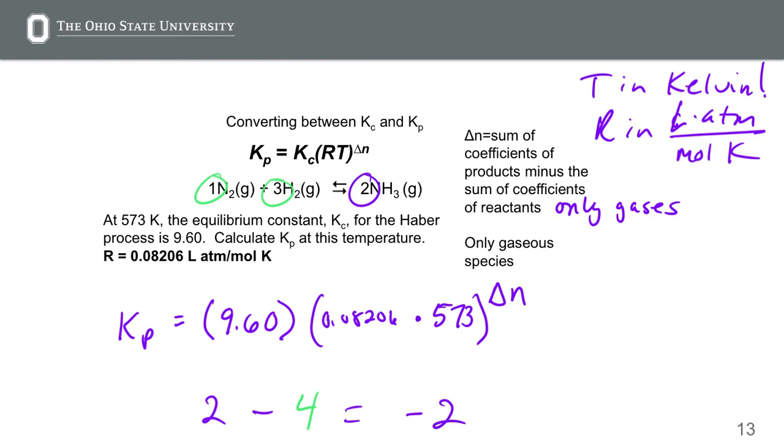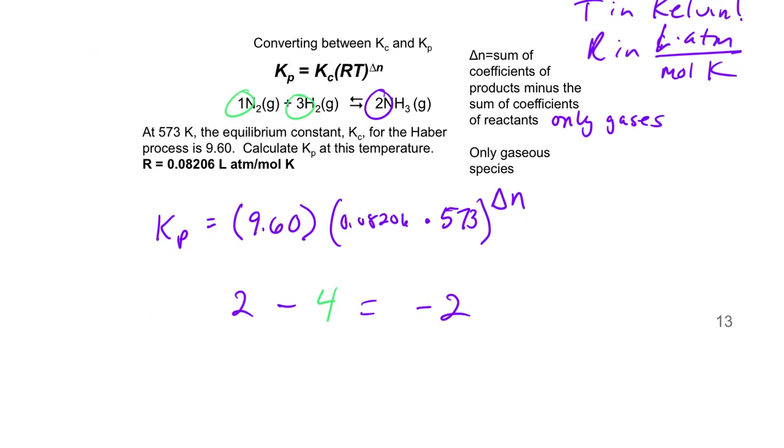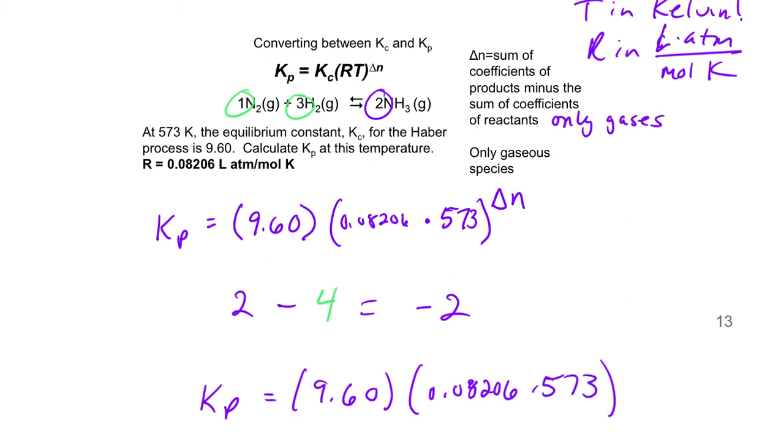Okay. So we can replace our delta n. I don't think I've calculated this in my notes, so we're going to have to do that together. Oh, no, here it is. Okay. So Kp equals 9.60 times 0.08206 times 573, raised to the power of minus 2.